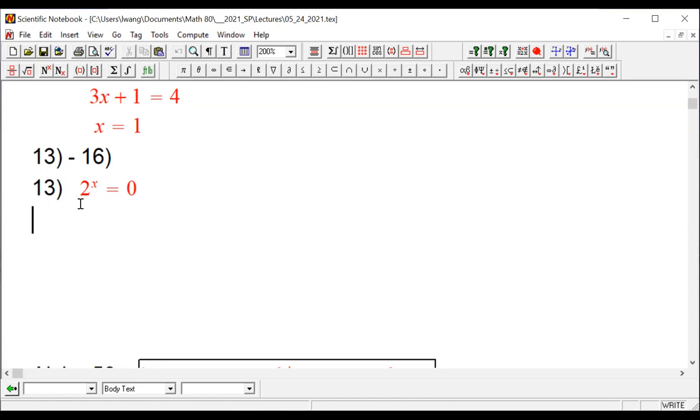So what is the solution to number 13? What is it? Ellen? Marcelo?